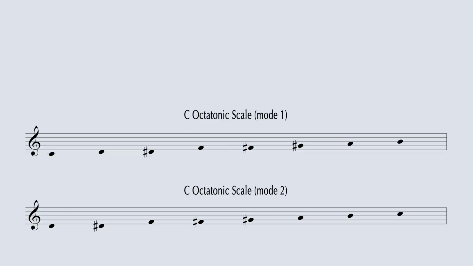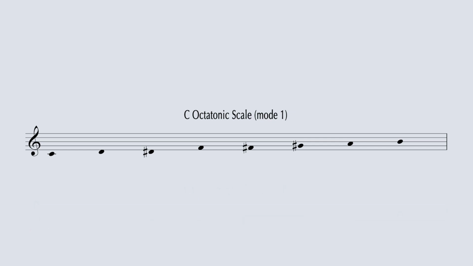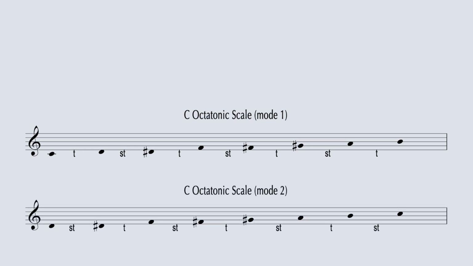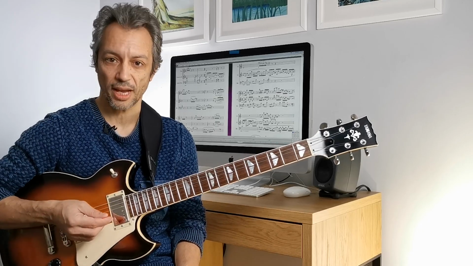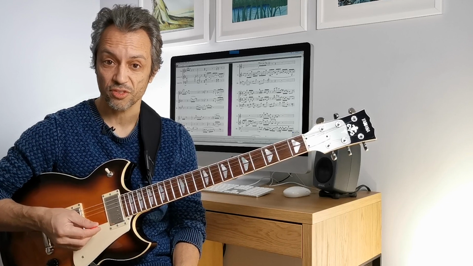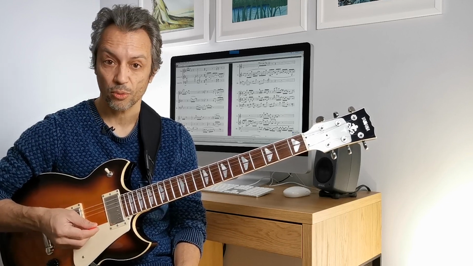There are two octatonic scales, Mode 1 and Mode 2. Mode 1 starts with an intervallic distance of a tone followed by a semitone, tone, semitone, tone. Mode 2 is made up of semitone, tone, semitone, tone. In jazz, these scales are referred to as the diminished whole half step and the diminished half whole step.